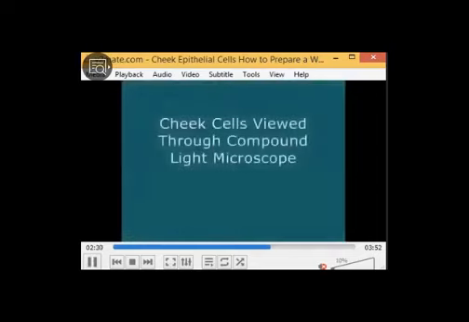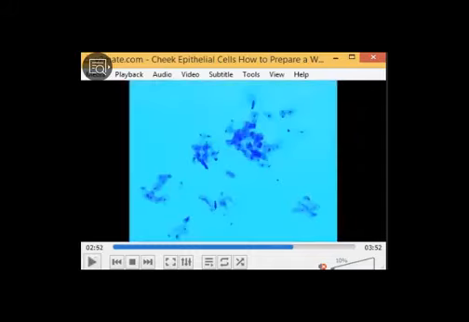Starting from the low power, you will see the slide like this. These are all cells. What cells? Cheek cells, your human cells, Kholiya insani. You can identify the cell by the nucleus. Nucleus is present in the center of the cell.